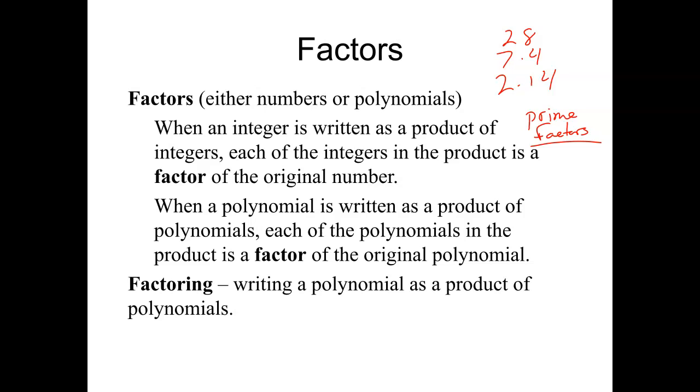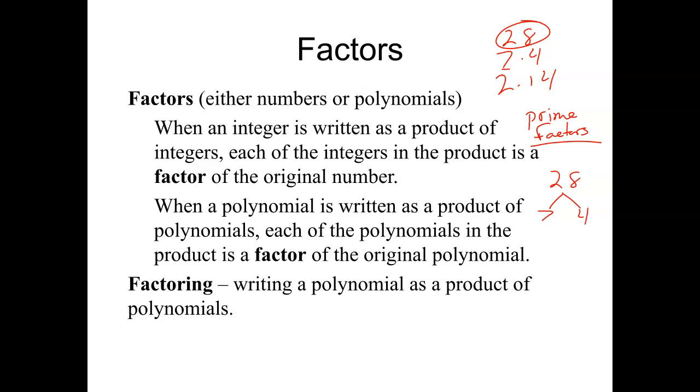So if we want to identify the prime factors, we need to continually factor the number until all we have are prime numbers. Okay? If I take 28 and I want you to identify the prime factors, I can break apart 28 into 7 and 4. 7's a prime number.